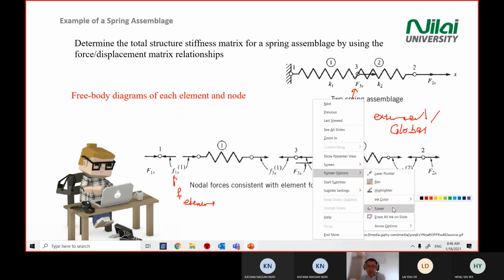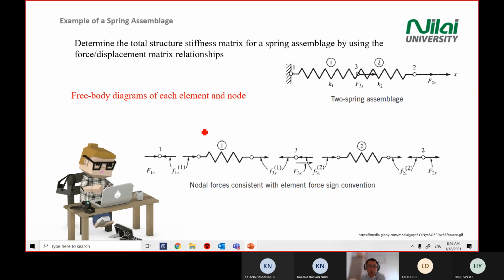So this is just a small reminder when you convert a system into elements. Be careful on the capital F and small f. If you look at the big picture, then you use a big F, for example capital F1x here, because this is on the constraint point number 1.